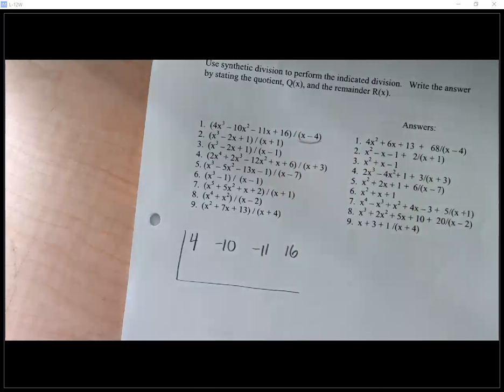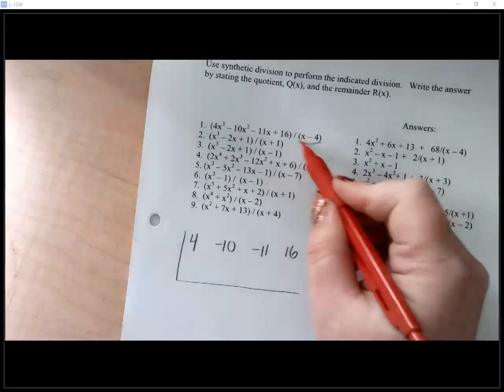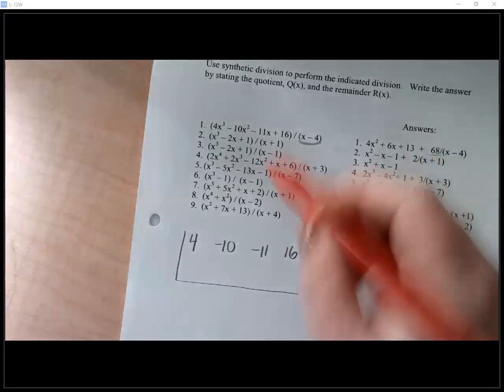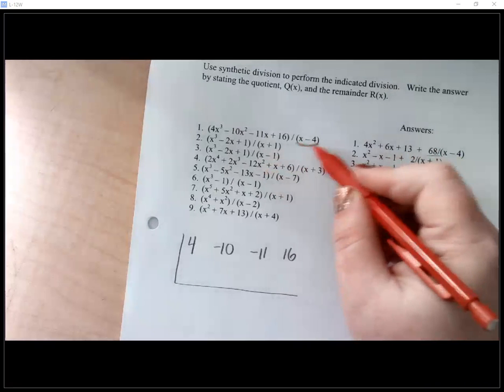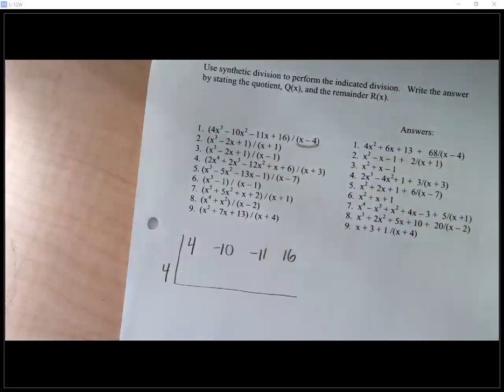That's important to remember, because sometimes they'll just say, hey, one of my zeros is 4, or they might say a factor is x minus 4. Well, this one isn't actually a factor because I have a remainder. But anyway, if they give me a binomial, I just want to plug in the 0 that would come from that. So in this case, it's a positive 4.